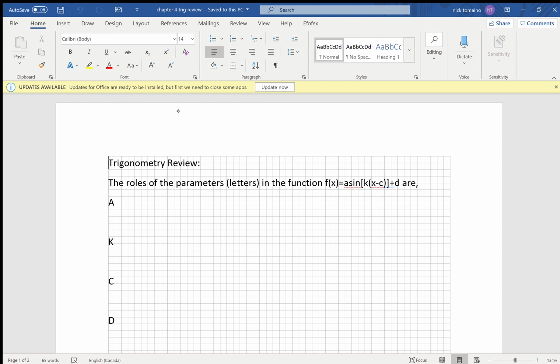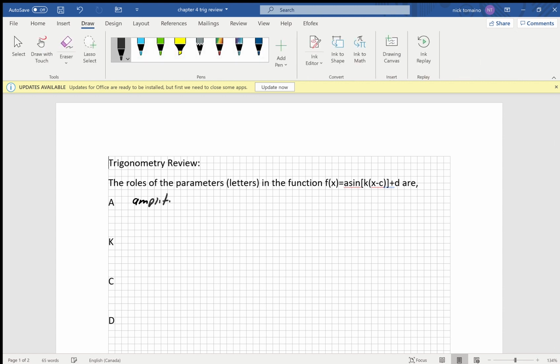So what we have here is the function f of x equals a sine k x minus c plus d. It could be cos as well, but we'll just start with sine. Just recall that a is the amplitude, k is the horizontal compression factor.